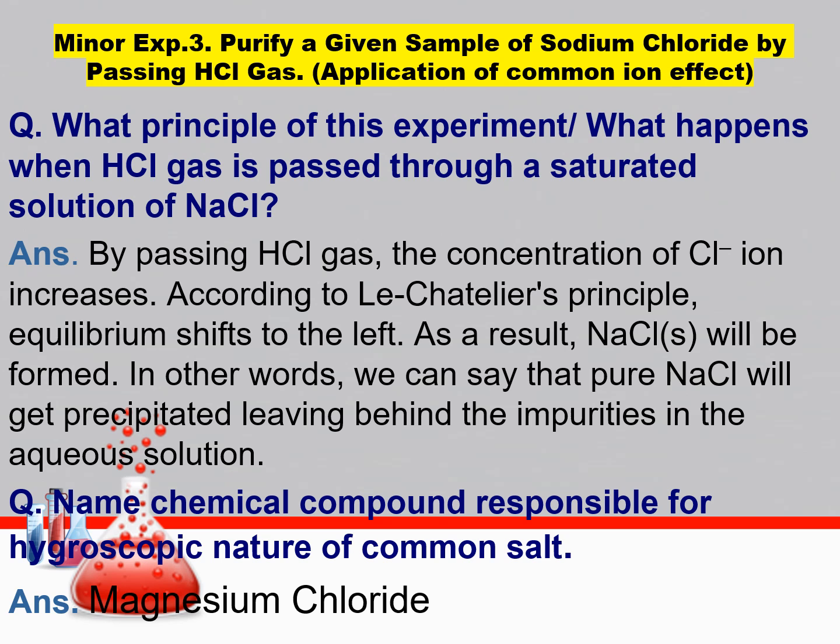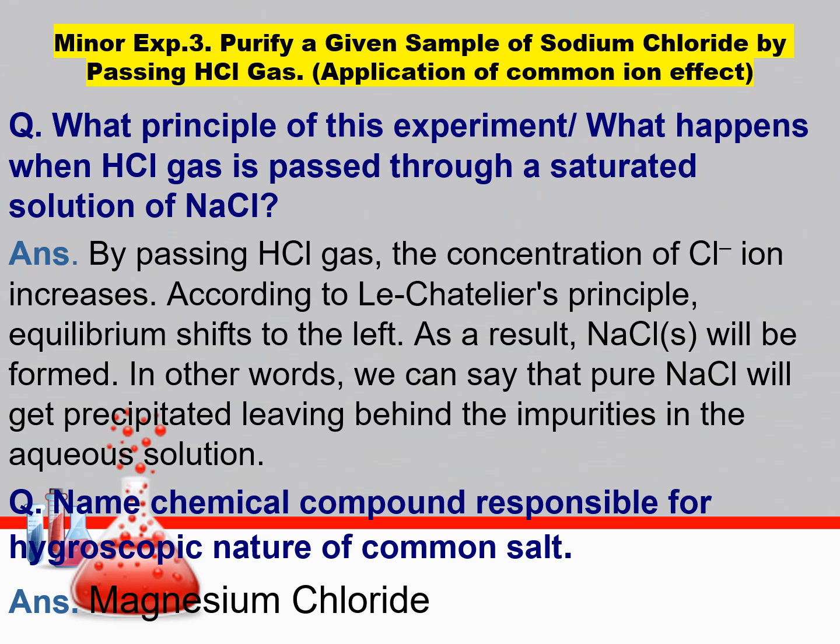More possible question like someone may ask what is the basic principle of this experiment, or what happened when HCl gas passed through a saturated solution of NaCl. By passing HCl gas, concentration of Cl- ions increases. So according to Le Chatelier principle, equilibrium shift to left.